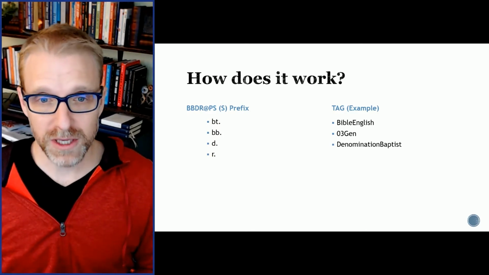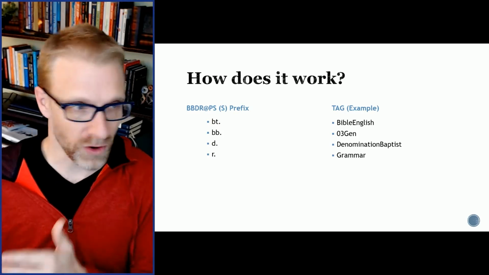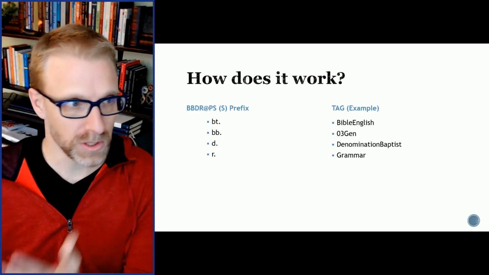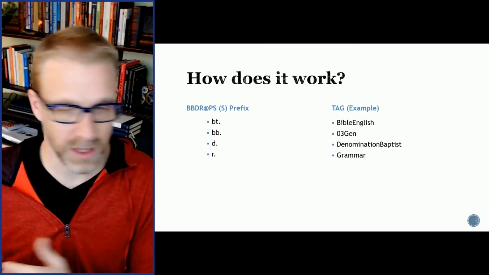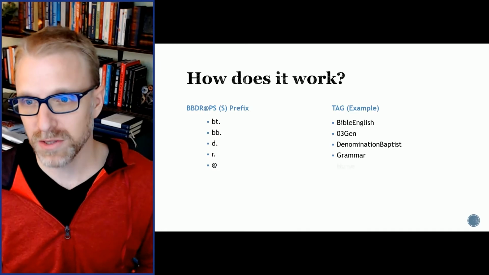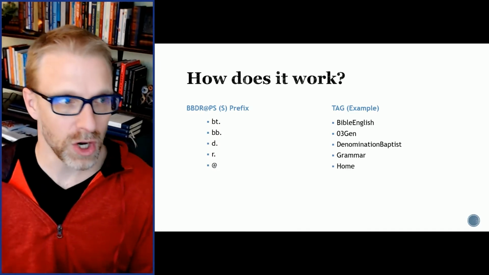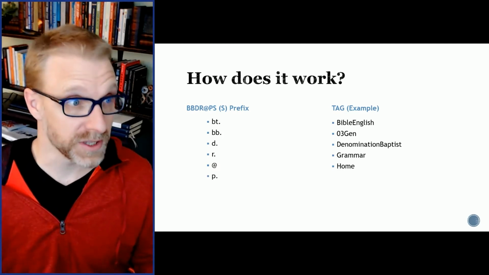The realm is signified by an R, so we would just do R dot grammar, R dot apologetics, R dot theology, and whatever the theology, Calvinist, whatever that might be. The at symbol is very basic, so it's just at home, at church, at coffee shop, or a specific coffee shop.